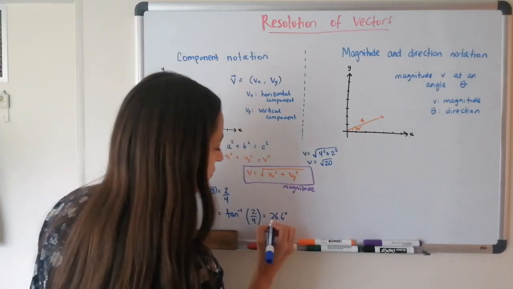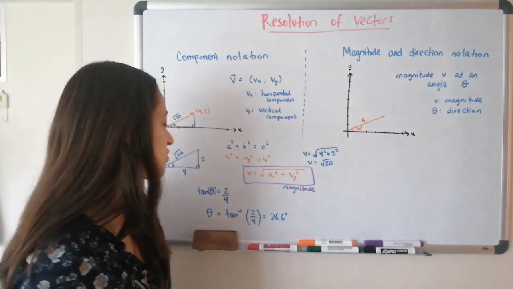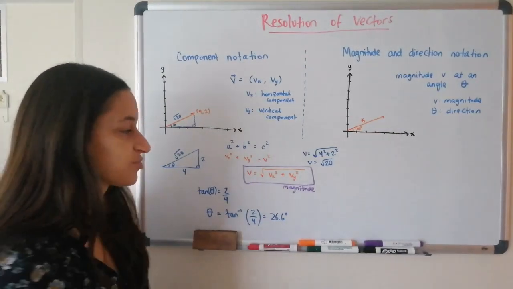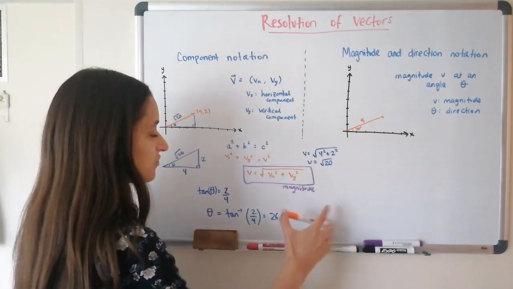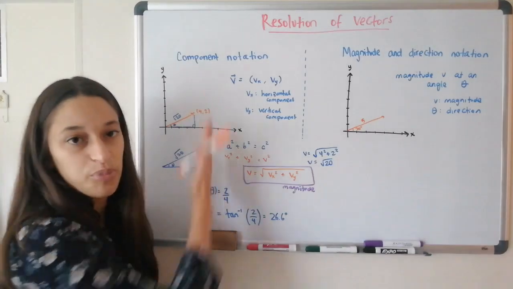Right? So the only way you can solve this is by using your calculator. There's no way to do it in your head, but you're going to get an angle of 26.6 degrees. So here we put on top, our opposite was always the vertical component.